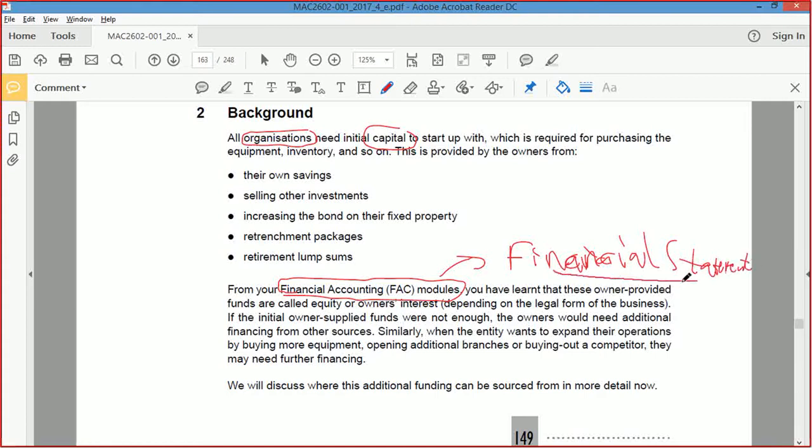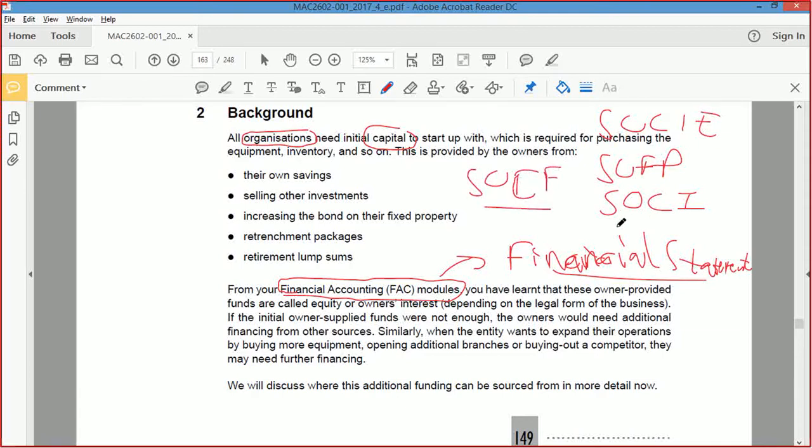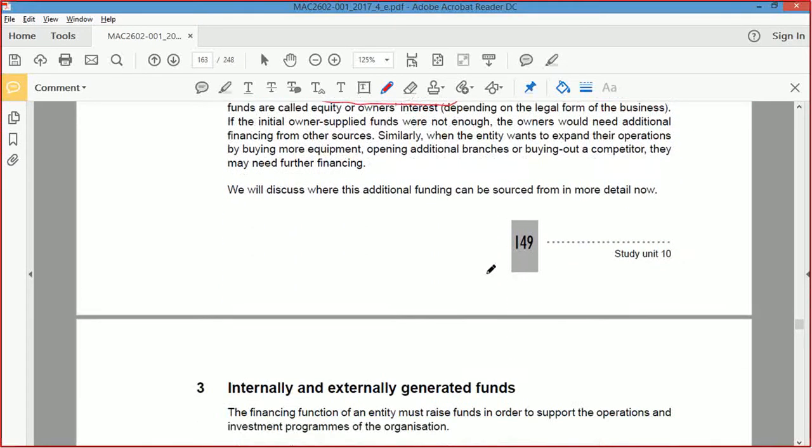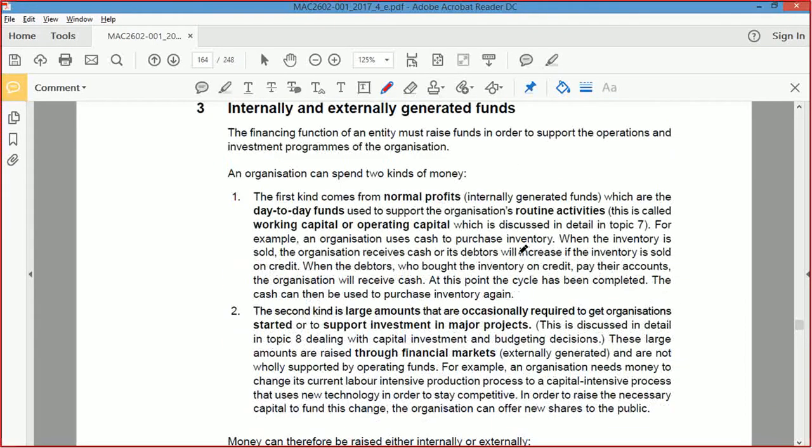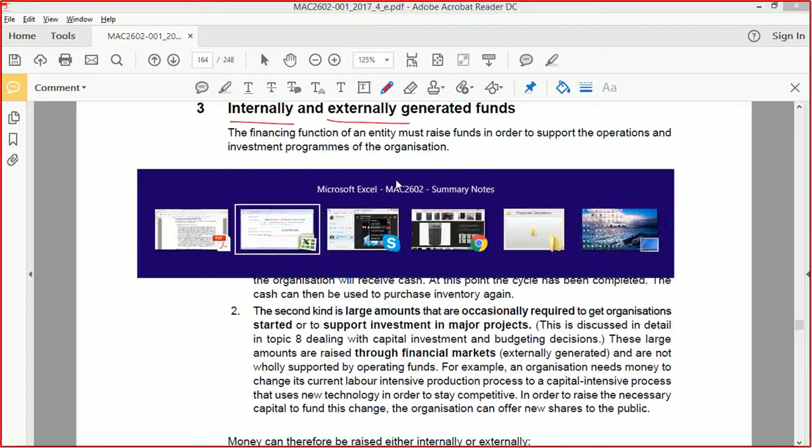Okay, and the statements are financial position, comprehensive income, changes in equity, and cash flows. Okay, those are the four statements that a business would present the information on. Okay, and obviously you'd be using the information from those records in order to make decisions. But obviously, if I'm looking at the source of funds, they can be internal or they can be external.